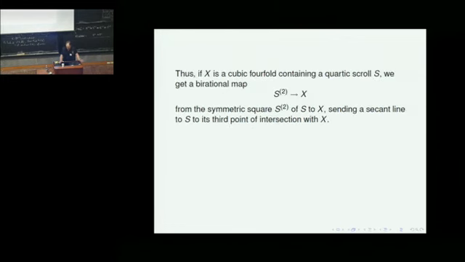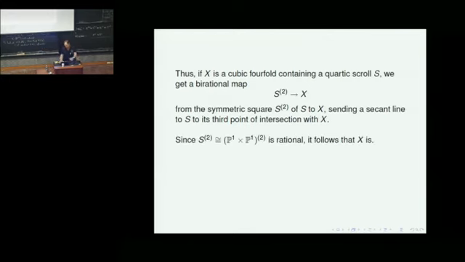That means that if we have a cubic fourfold that contains such a surface, we get a birational map between pairs of points on the surface to X. Again, given a pair of points on the surface, we draw the line joining them and look at the third point of intersection of that line with the cubic fourfold. And again, the fact that a general point in P5 lies in a unique such secant means that this is a birational map.